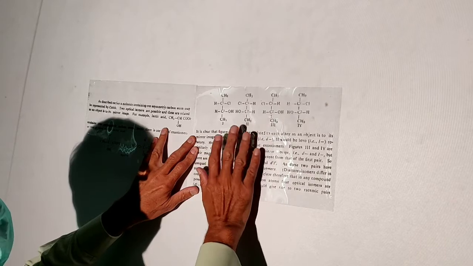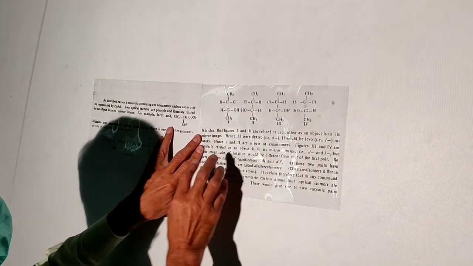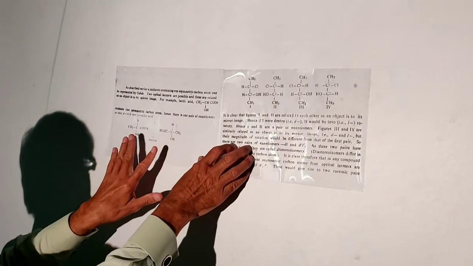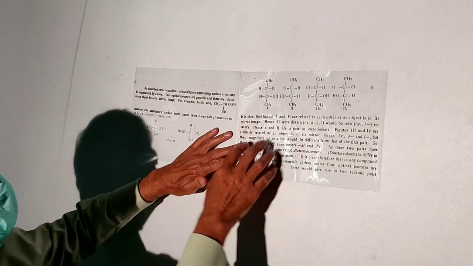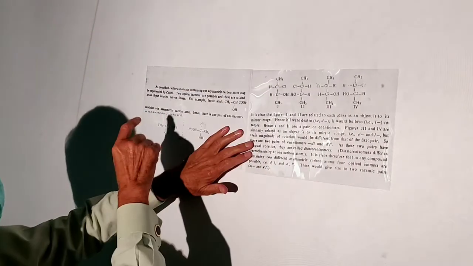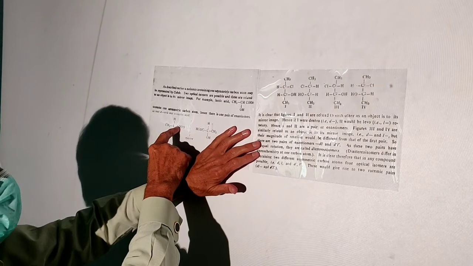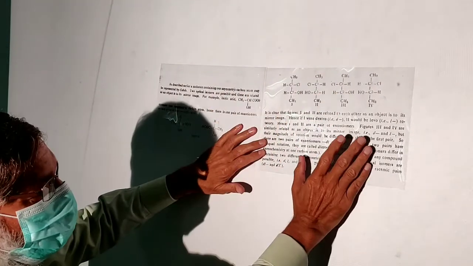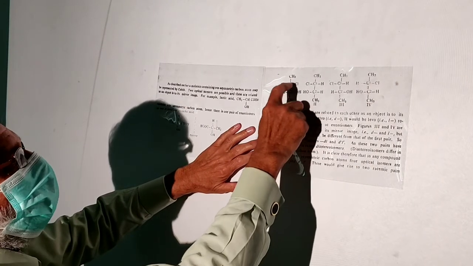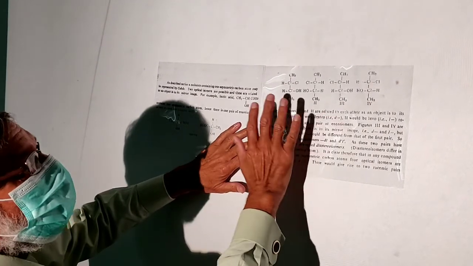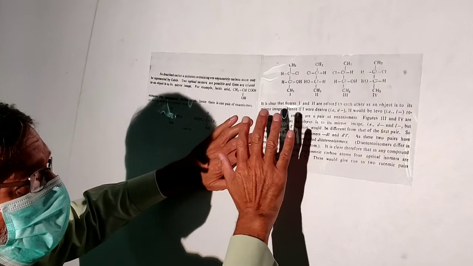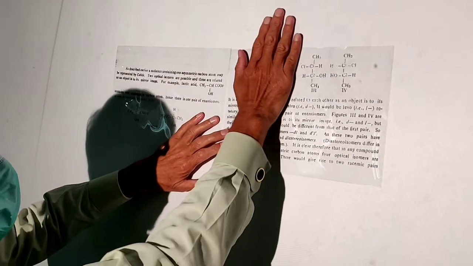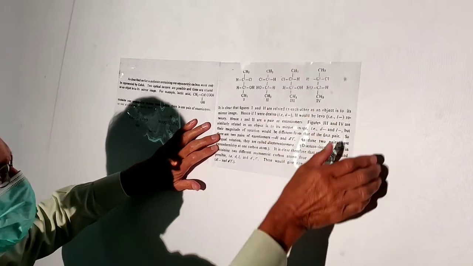Therefore, it has provided you two pairs of enantiomers. A compound containing one asymmetric carbon atom can provide only one enantiomer pair, whereas a compound containing two asymmetric carbon atoms would provide two different pairs of enantiomers. This is the difference which I wanted you to know.